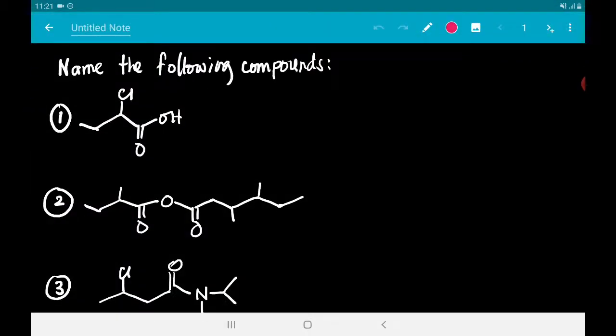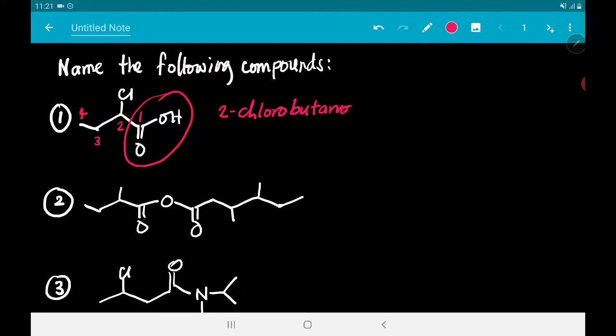Okay? So, we have examples here. So, for number 1 is a carboxylic acid. So, the position here is 1, 2, 3, 4. Priority again, carboxyl group. So, that would be 2 chloro, okay, butanoic acid. Okay? So, that's 2 chlorobutanoic acid.